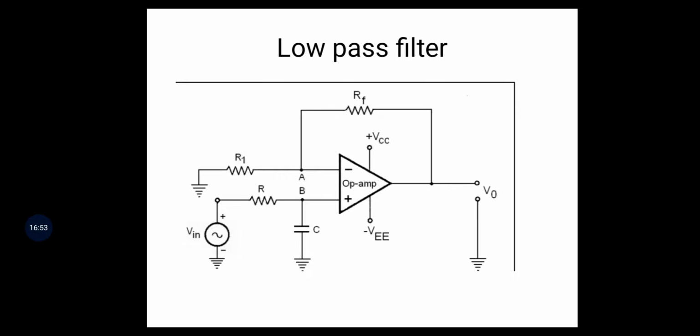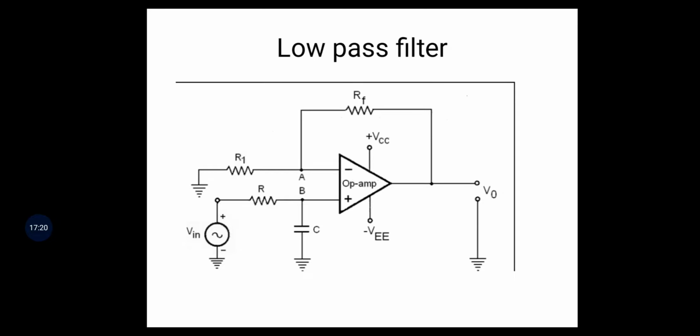The voltage V1 across the capacitor is V1 equal to Vi by 1 plus j 2 pi FRC. Then V naught equal to 1 plus Rf by R1 into V1, so V naught equal to (1 plus Rf by R1) into V1 by 1 plus j 2 pi FRC.